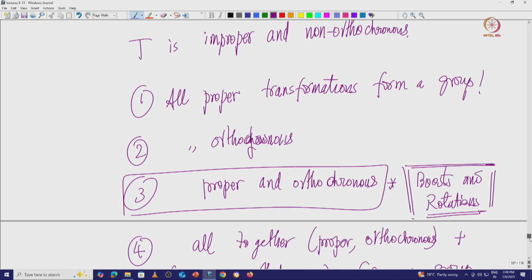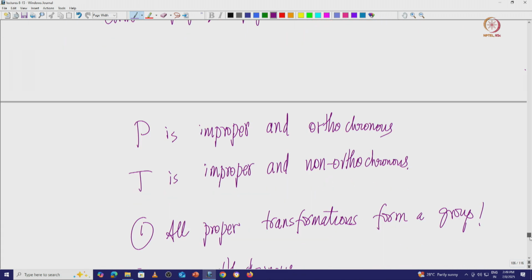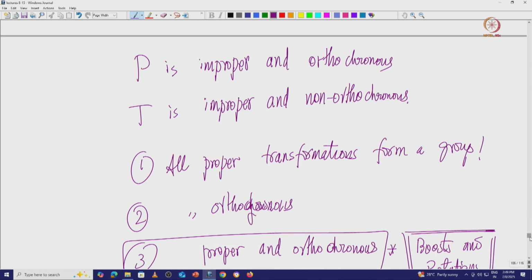Okay. So let's look at some classification. P is improper and orthochronous. Its determinant is minus 1, because it is 1, minus 1, minus 1, minus 1, so it is improper, but it is orthochronous because the lambda 0 0 element is positive.